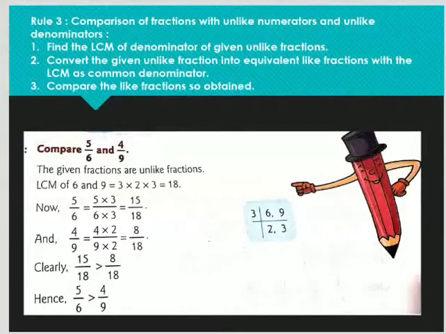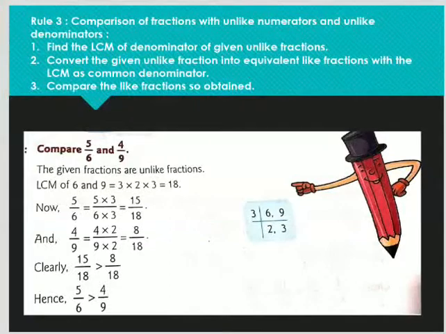5 is multiplied by 3 to get 15 and 6 is multiplied by 3 to get 18. In the same way, convert 4 by 9. 4 is multiplied by 2 to get 8 and 9 is multiplied by 2 to get 18.